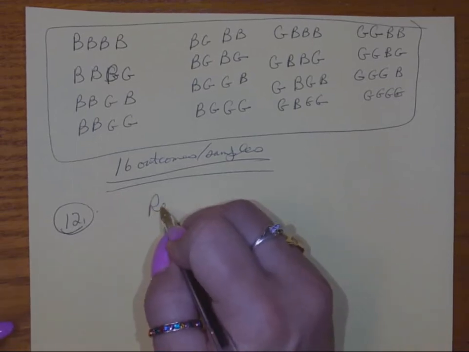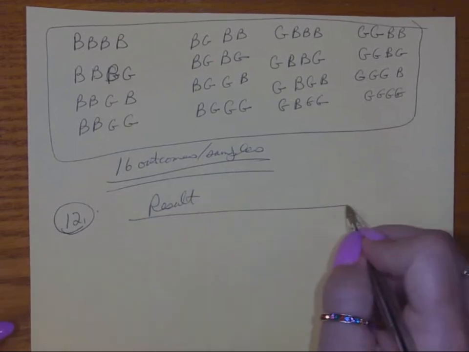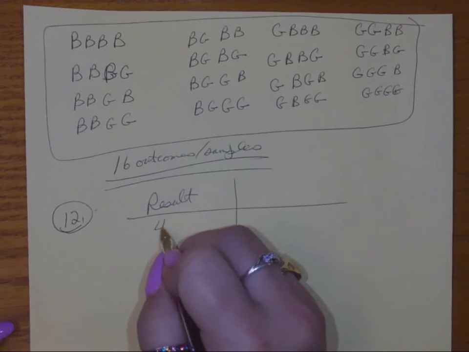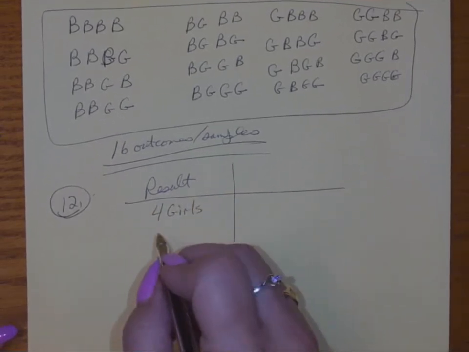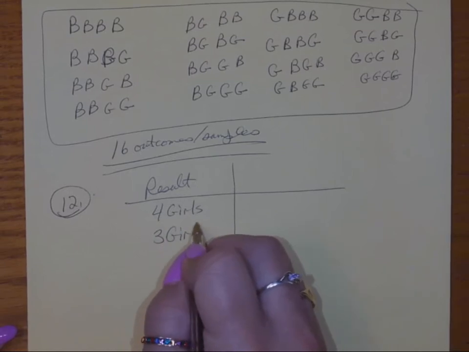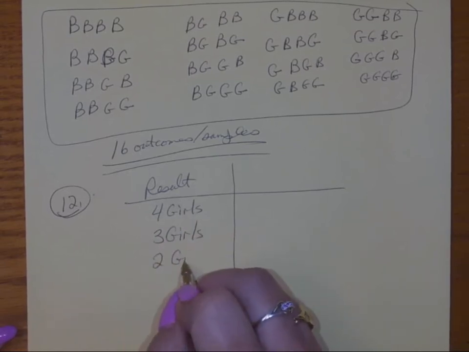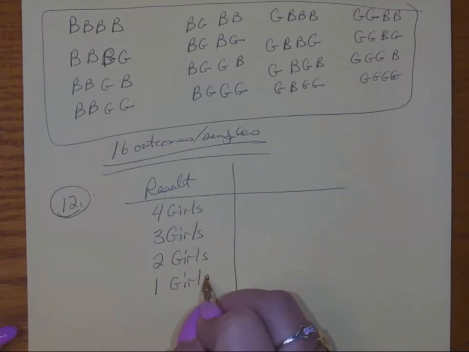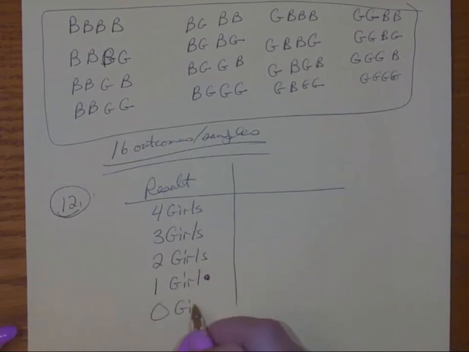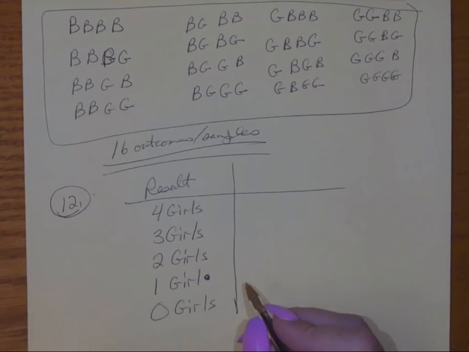Okay, so here's my result. 4 girls. That's one event. The next result, 3 girls. The next result, 2 girls. Next result, 1 girl. Next result, 0 girls. That's what they want us to do.